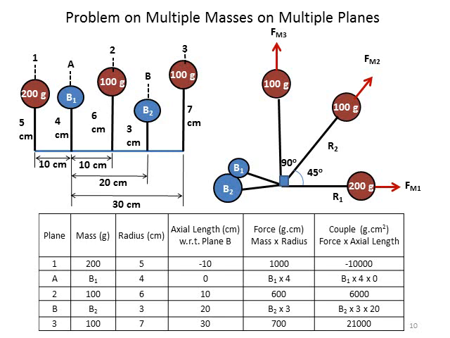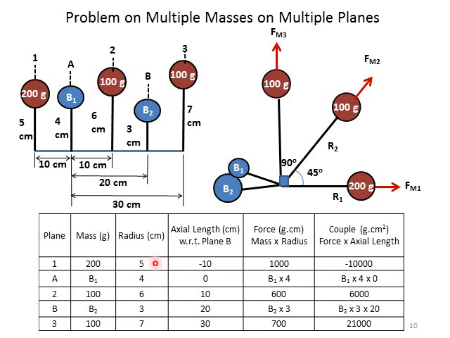We can formulate a table where we present plane 1, plane A, plane 2, plane B, plane 3. For mass, the known is 200, B1 is the unknown balancing mass, the mass at gear 2 is known, which is 100 gram, the balancing mass at plane B is unknown, and for the last gear, gear 3, the unbalanced mass is 100 gram.